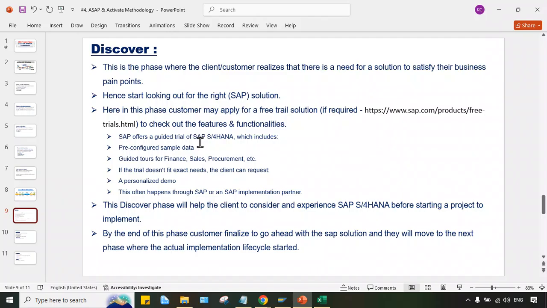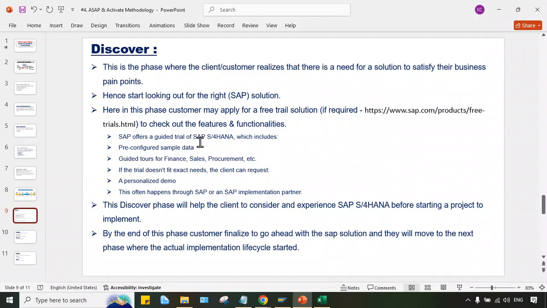So SAP also offers best practice documents. They can refer to the SAP documents, guys, and with the help of that they can create the purchase order, post the vendor invoice, and post the customer invoice. In the sense, they can check the functionality before going for SAP.